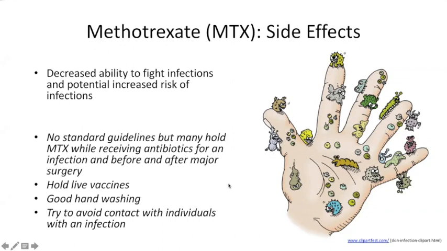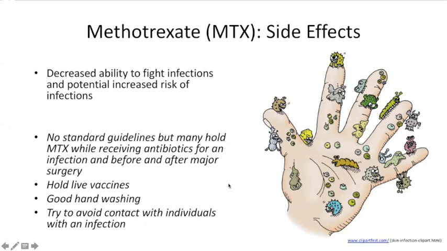A normal immune system would always be able to fight those off, and you would never get the infection from that. But when someone's immune system is suppressed or turned down a bit, there's a higher chance of actually developing the infection. So generally we recommend holding live vaccines while getting a medication that suppresses the immune system. Some examples of live vaccines are varicella and the MMR vaccine, which is measles, mumps, and rubella. Those vaccines are usually given at 1 and 4 years of age.